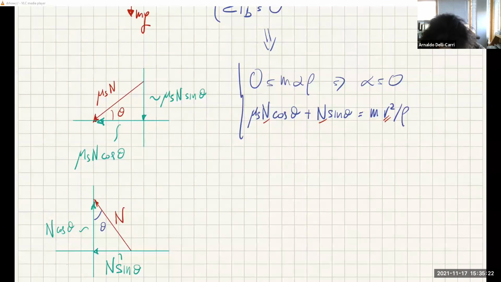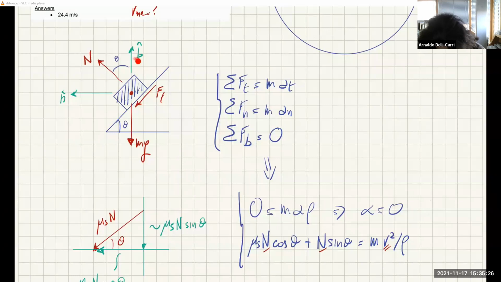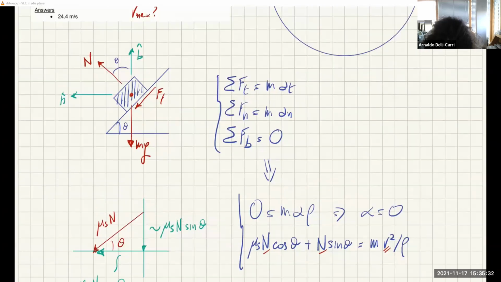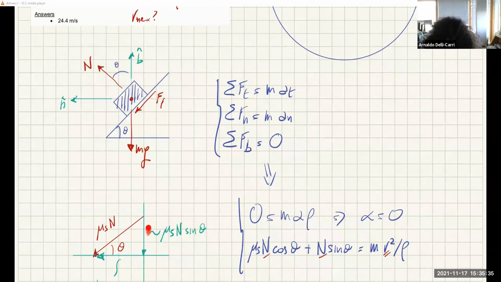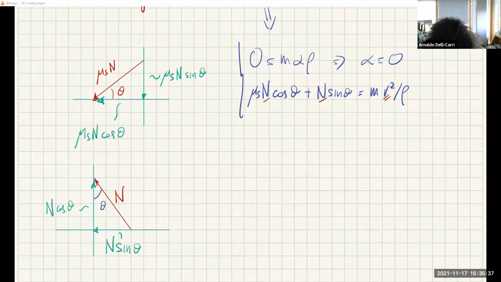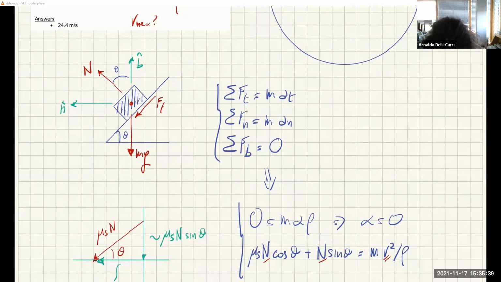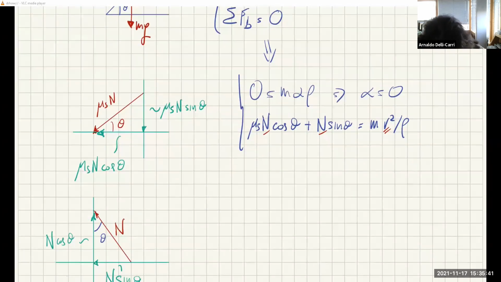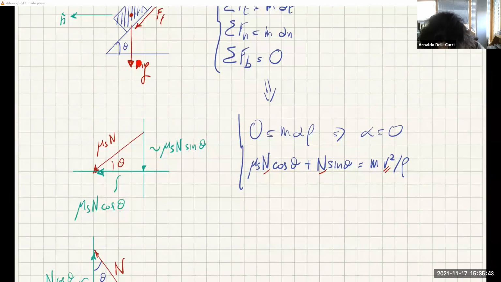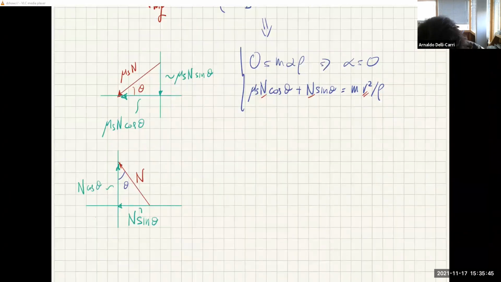Mu s n sine theta is negative. Sorry, I think that b is going in the opposite direction though, but it doesn't matter. Mu s n sine theta is down, so negative. N cosine theta is up, so it's positive. So n cosine theta and also mg. Mg is also along b. So we have three terms here.